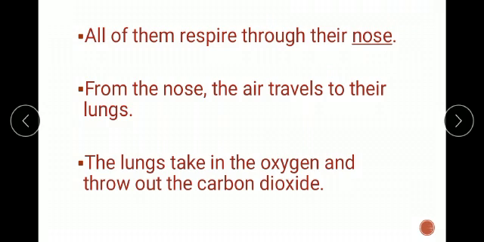From the nose, the air travels to their lungs. Then the lungs take in the oxygen and throw out the carbon dioxide.